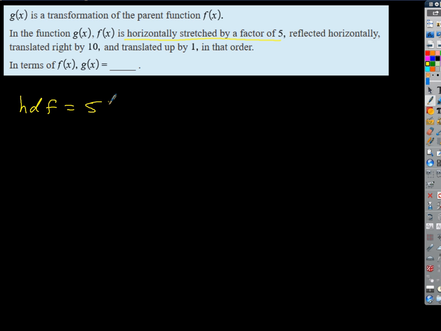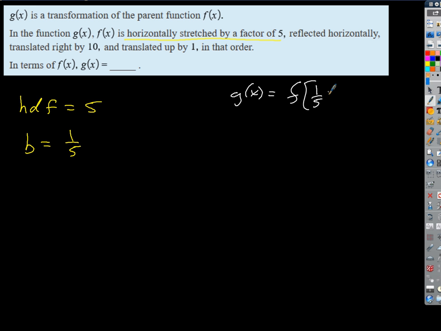Okay, but what does that tell us? If that's the case, what does that tell us about b? It's got to be 1/5, doesn't it? It's got to be the reciprocal of the dilation factor horizontally. Okay, so let's start writing this down. So we're going to end up with g of x equals, horizontally stretching by a factor of 5 means inside the function, I got to put some brackets and I'm going to have a 1/5 out in front of my x minus h, right?